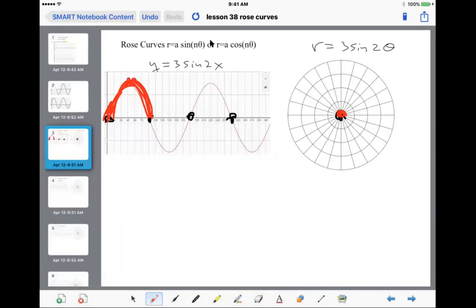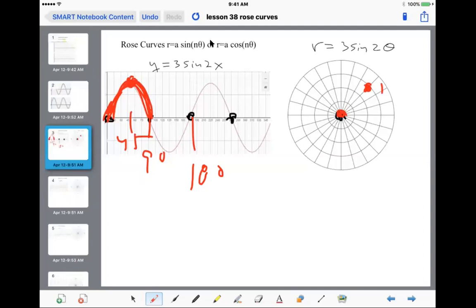And halfway between, in this case, this is 180. This is 90. So halfway between, this high point is at 45. So I have a point here at 45, 3. Somewhere over there. And what happens is that it becomes kind of like a loop.